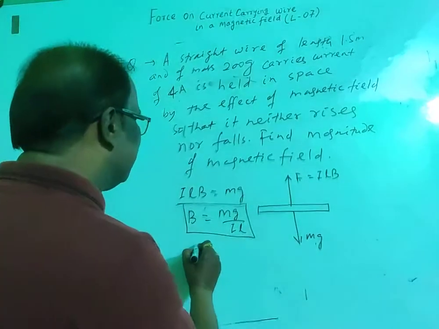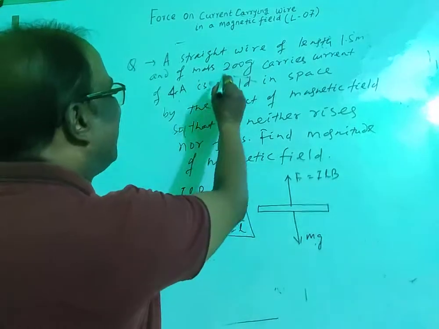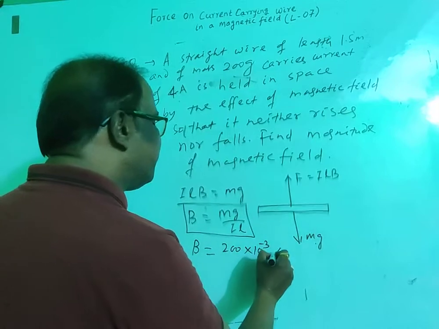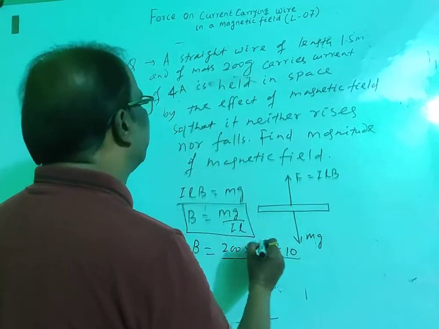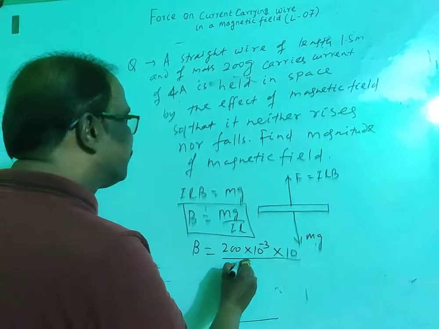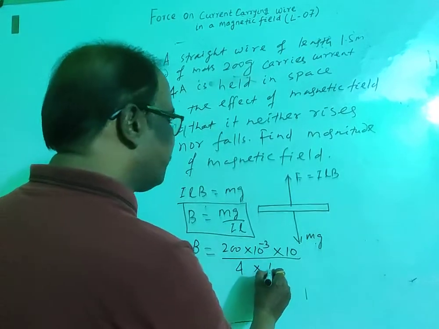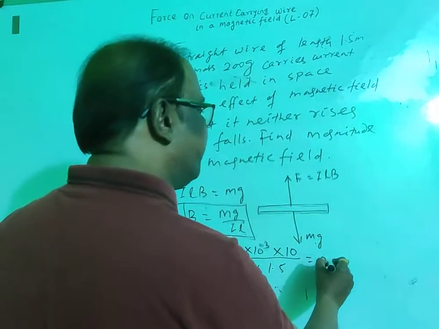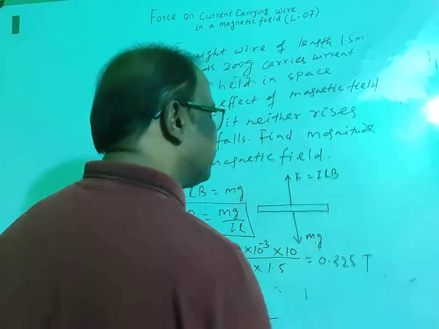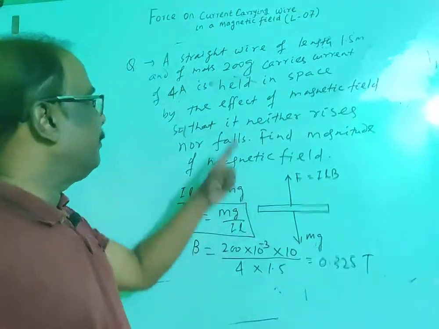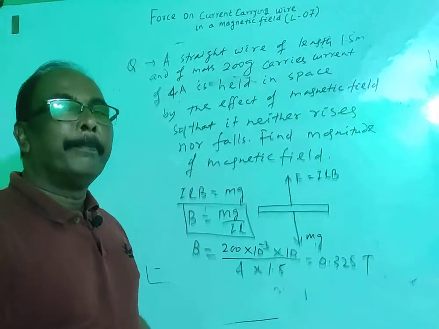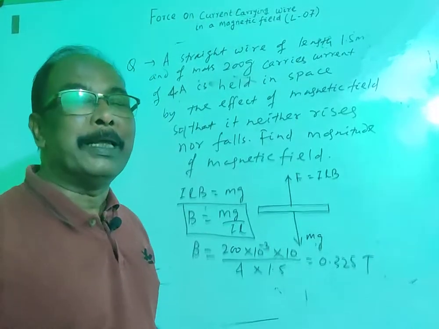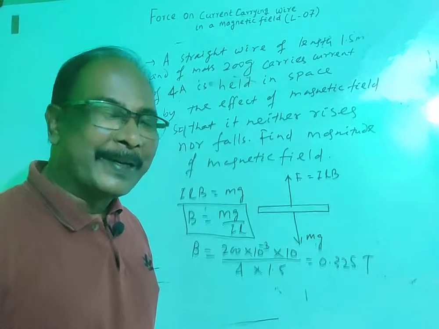Now the calculation: mass is 200 gram, 200 into 10 to the power minus 3 kg, g is 10 meter per second square, current is 4 ampere and length is 1.5. Calculating, you will get 0.325 Tesla.